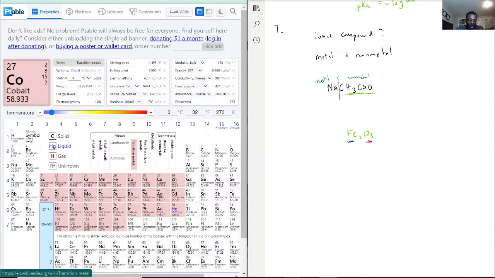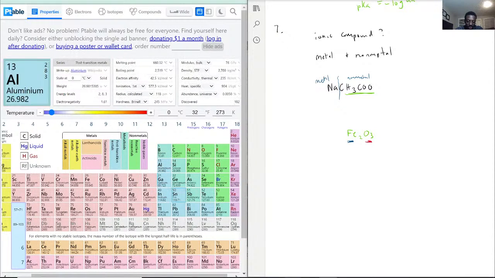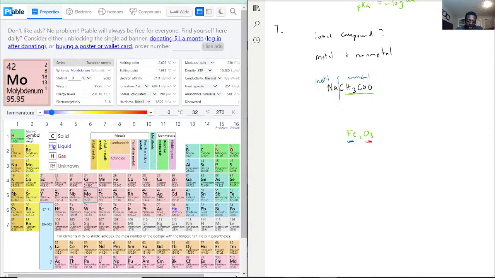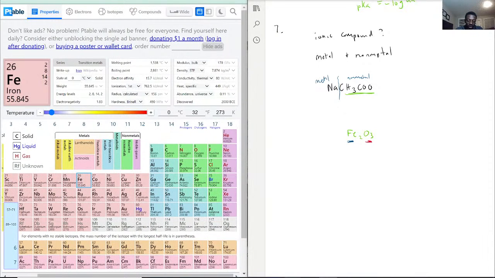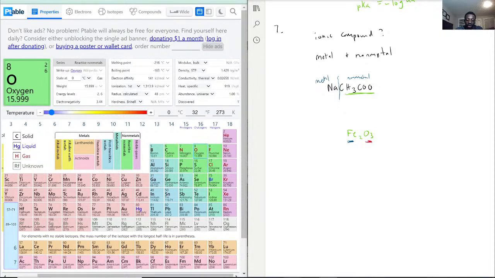And there are a few trickier metals you have to get used to, like aluminum, for example. That is still considered a metal, even though it's all the way on the 13th column. You'll notice that there are typically a lot more metals than non-metals on the periodic table, but it's very important that you know which the non-metals are to be able to say whether it's an ionic compound or not.